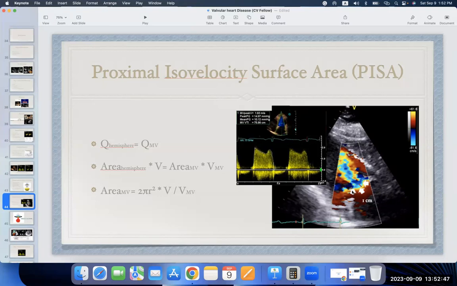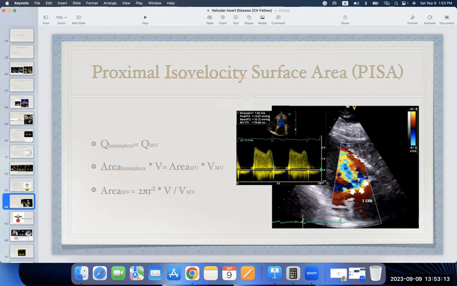This is important. Always remember that when you want to measure the PISA, it's very important to change the Nyquist limit. So you need to shift the base of the Nyquist limit, and you change it based on the flow. So here the flow of the blood is going like this, and you want to check the PISA here. So you should shift the base of the Nyquist limit upward.